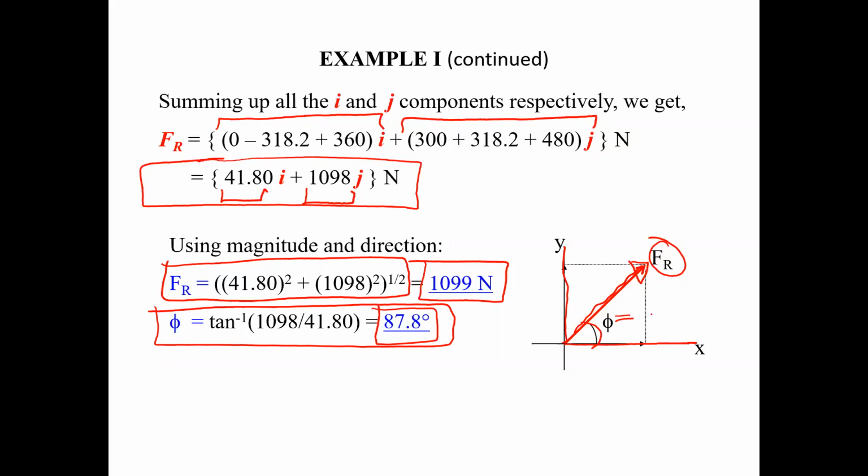So phi is 87.8 degrees. So that's how we are done with this problem: finding out the x and y components of all the given vectors, then adding the I and J components, then finding the resultant vector FR, and then finding the magnitude and direction of that resultant force vector FR. Okay. All right.